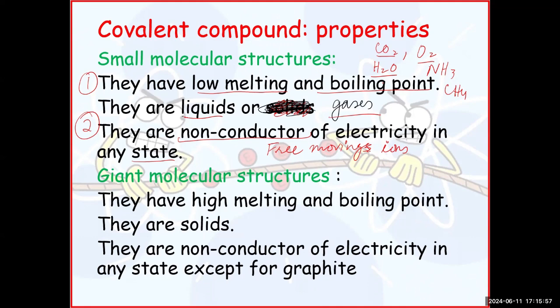So since they do not have ions, how could they have free moving ions? If you are asked why they are non-conductors of electricity in any state, the reason would be that there are no free moving ions available.